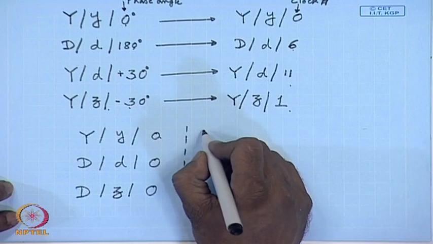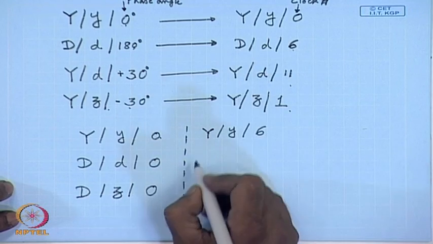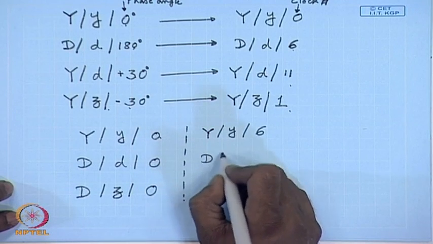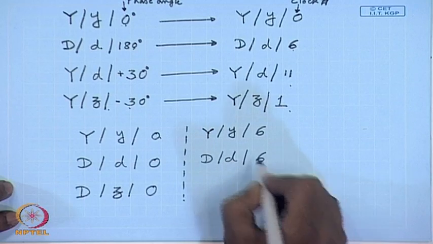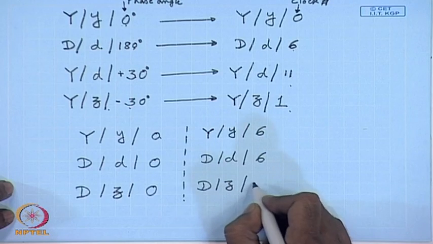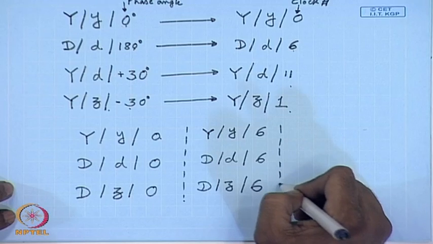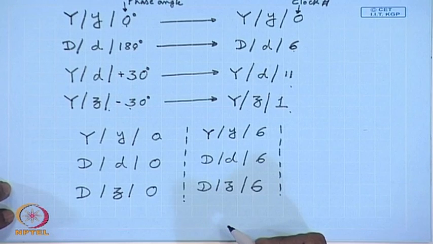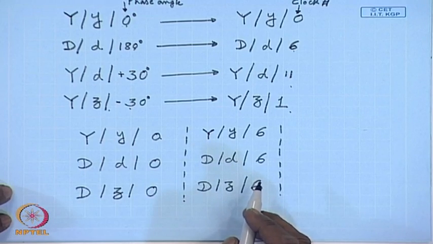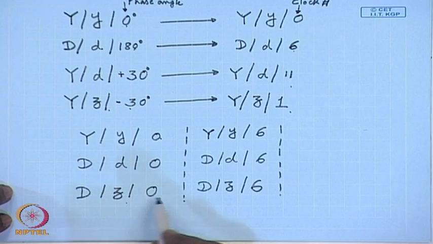We can also have Y 6, D 6 or D Z 6. However, it is interesting to note that Y Z 6 or 0 is not possible.